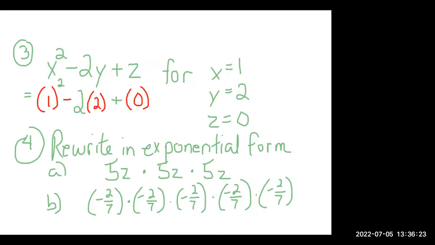Oh, I got some answers. It's gonna be 1 minus 4. So great. Good job. So we sometimes will have negative answers, sometimes we'll have fractions. That's okay. 1 squared minus 2 times 2 plus 0 equals -3 for this one.